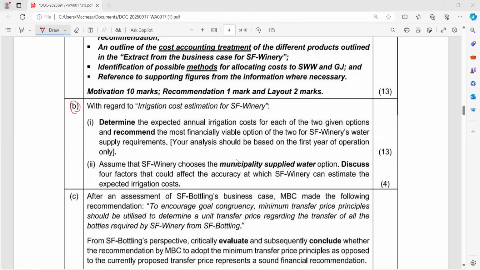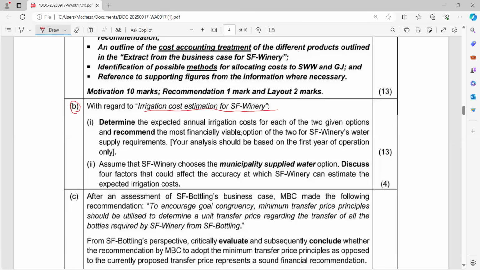Here, the most important thing in our exam is that we should be able to understand what the question requires. If you check here, with regard to the irrigation cost estimation for SF winery, we want to determine the expected annual irrigation cost for each of the two given options and recommend the most financially viable option of the two for SF winery's water supply requirement.